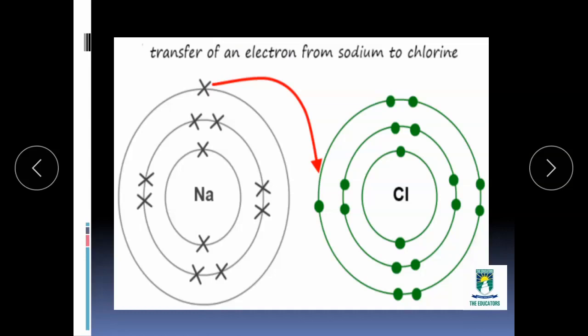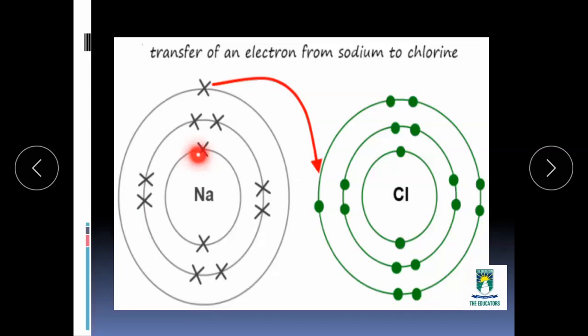As I told you, students, sodium has atomic number 11, whereas chlorine has atomic number 17. So now what will be the electronic configuration for sodium and chlorine? Crosses represent the electrons of sodium, whereas dots represent the electrons of chlorine. For example, there are 11 electrons in the atom of sodium.